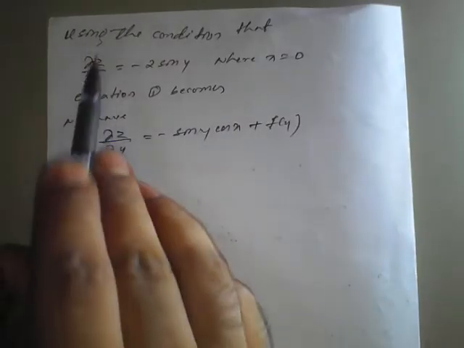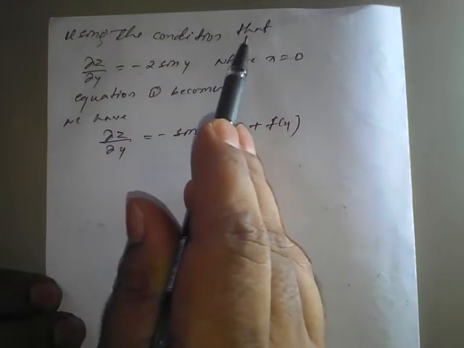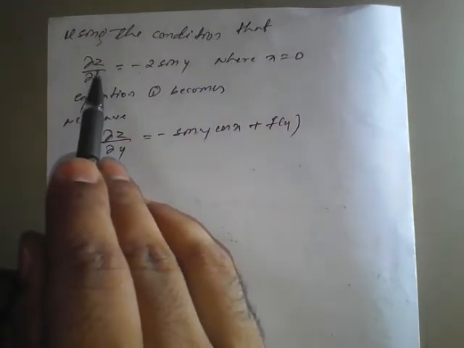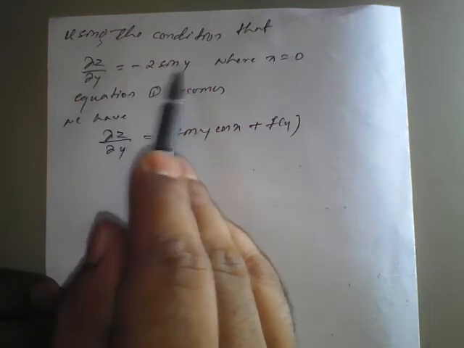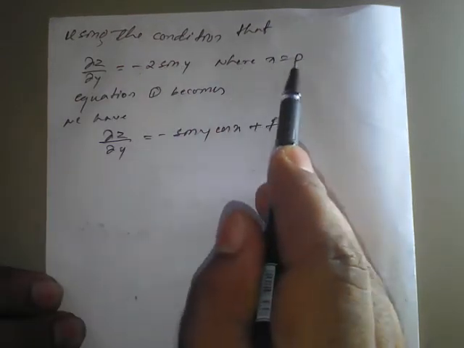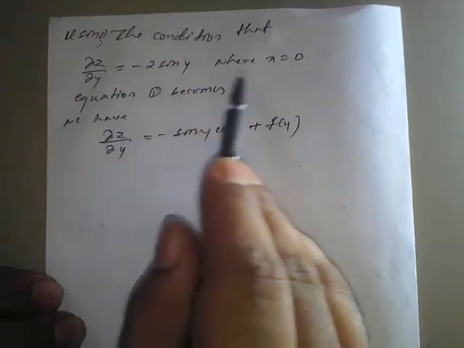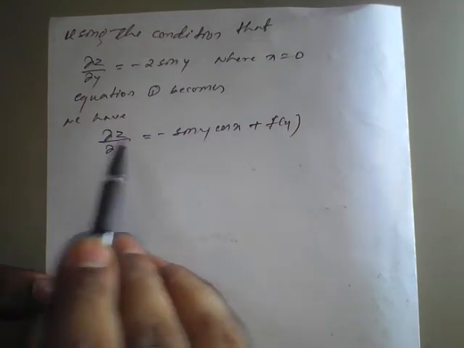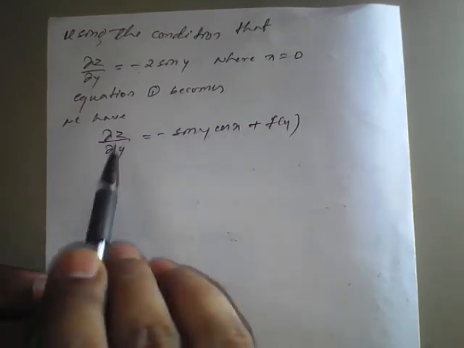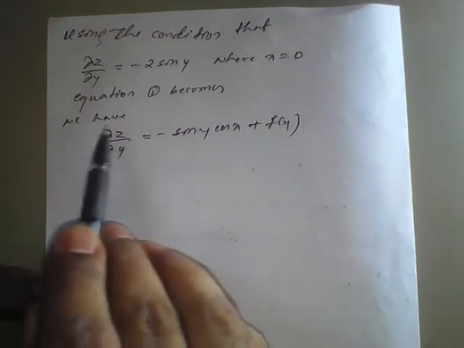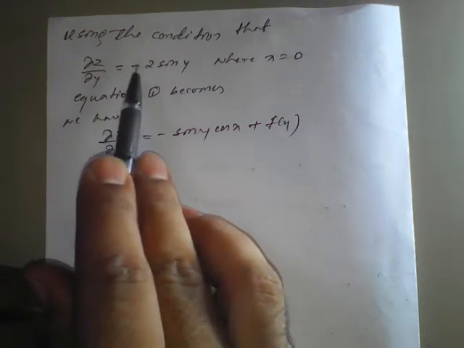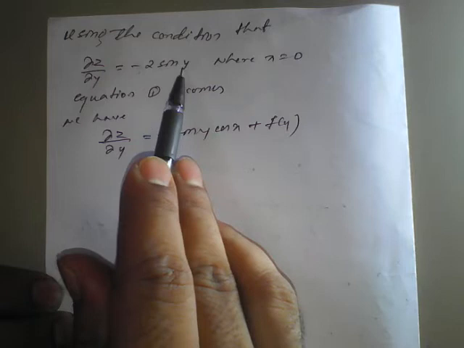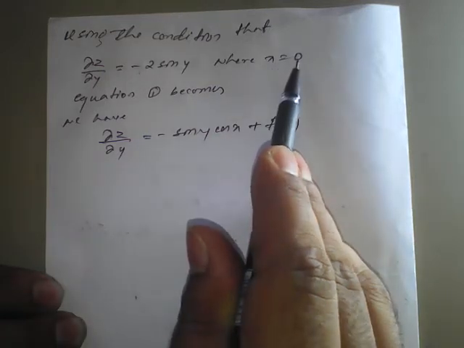Now see here, using the first condition in the question, which I have marked: dou z by dou y is equal to minus 2 times sin y where x is 0. From the question I had taken equation 1, and I rewrite it once again here. Now in place of dou z by dou y, I will replace minus 2 times sin y, and wherever x is there we'll put x equal to 0.